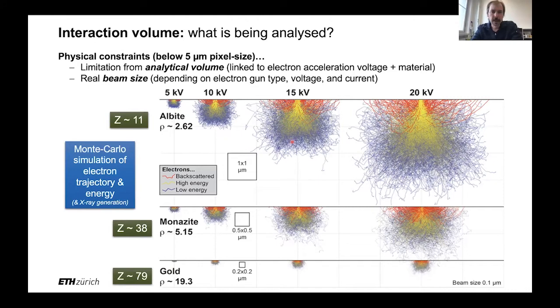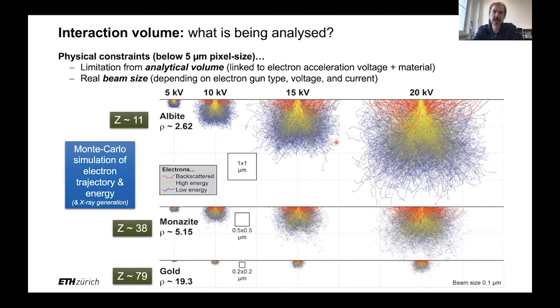So we can see that with a much higher acceleration voltage, we get a much larger volume that is being analyzed. So if you were, for instance, to determine some perlites at the micron scale, a 20 kilo electron volt gun will not help you a lot, because we will basically have a huge volume being analyzed, much larger than the features that you want to highlight.